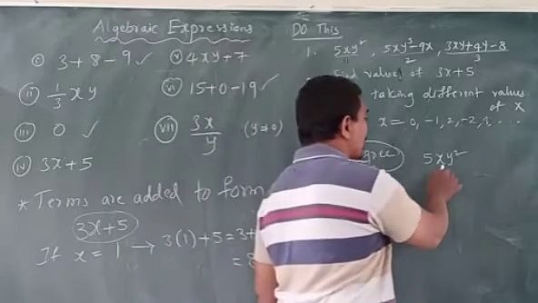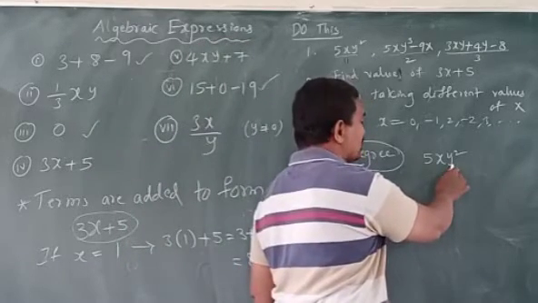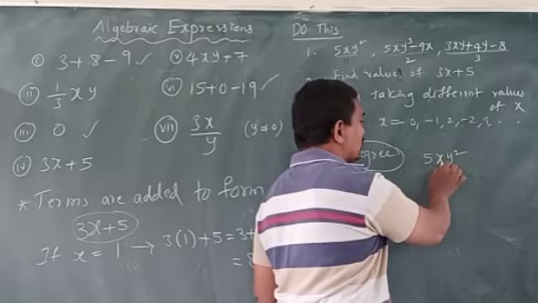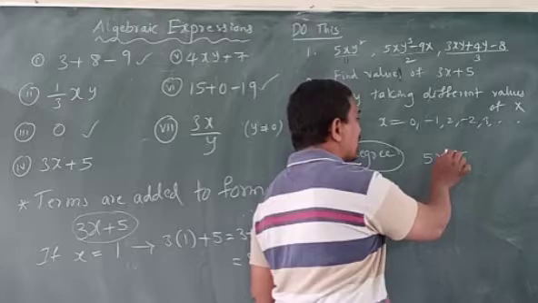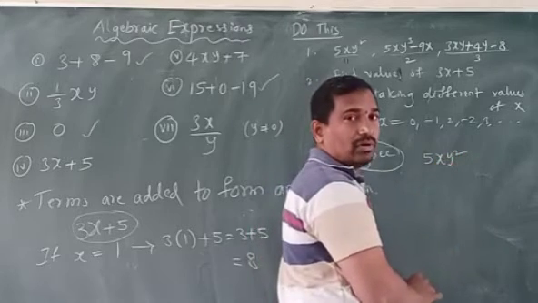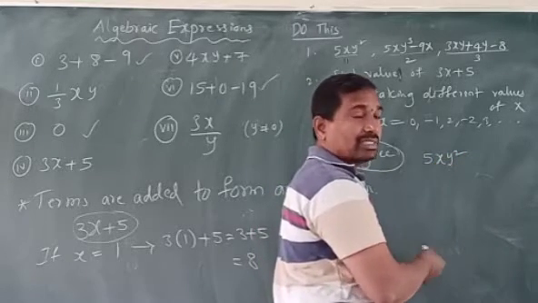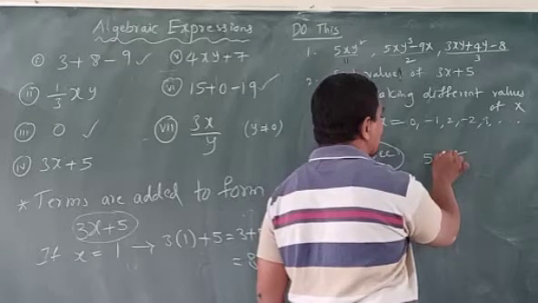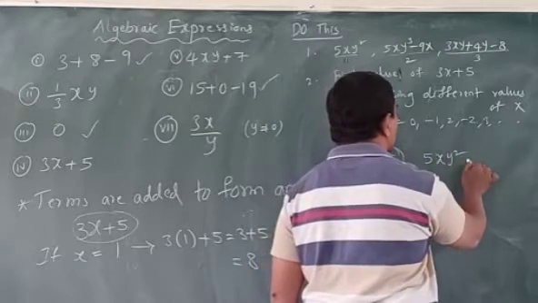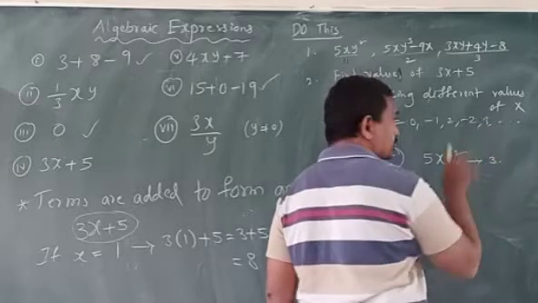See, in this term, how many variables? 2 variables. The product of 2 variables and 1 constant. So then the degree is the sum of the powers of the variables. What is the power of variable x? 1. 1 plus 2, 3. So degree is 3.